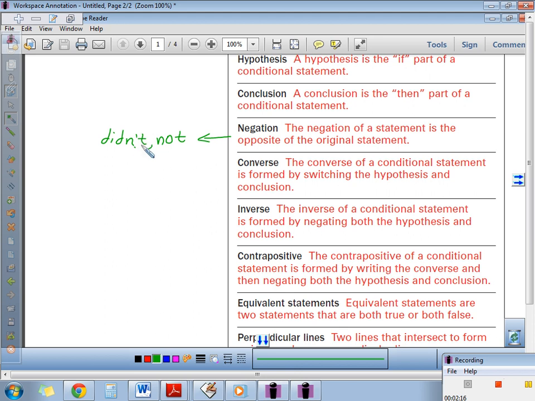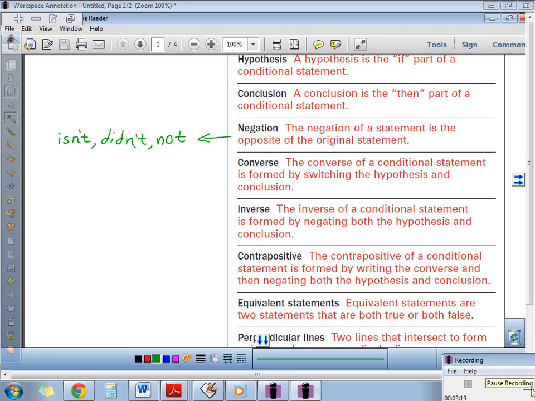Those are words that are negated. Instead of saying it is, you would say it isn't. Those are words that have been negated. You could also think about it in numbers. If I told you the number +1, the negated number would be -1.